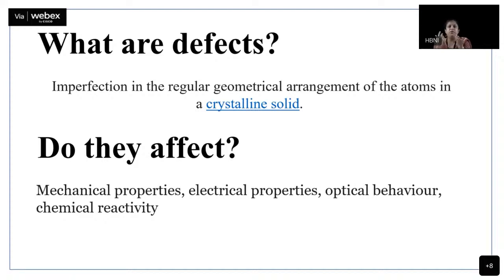The other day somebody was asking how can we create sites for sorption or ion exchange? Defects do that. So obviously, anything you have a 3D periodic arrangement, it has its own nature, and suddenly you rupture it at some point, and that is a very small part of that 3D fabric, but it alters it so much that you're able to introduce or modify the properties, and that is what makes defects interesting.